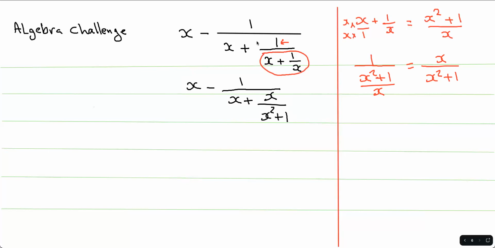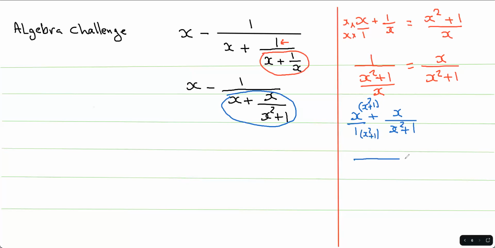Now let's take this part of the equation and do it now. So we have x plus x over x squared plus 1. This is of course over 1, so we're going to do a common denominator, which means you multiply this by x squared plus 1, and whatever you do to the top, you do to the bottom.